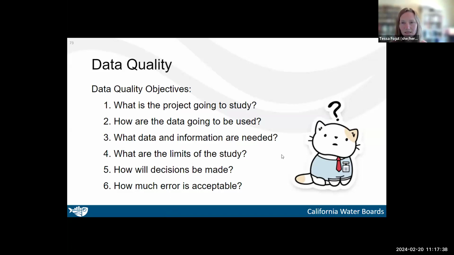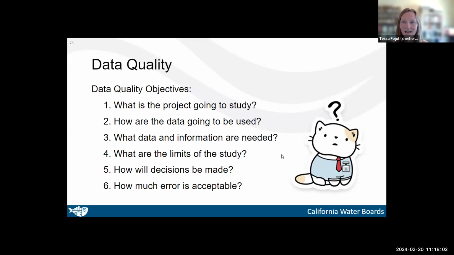I think a lot of these questions sometimes feel so obvious that you almost don't need to write them down. Like, the reason I'm studying fish is because I want to know what's in the fish. But laying it out in a cohesive way can really help future you or future staff or people who might be looking at this and wondering why they did it this way.